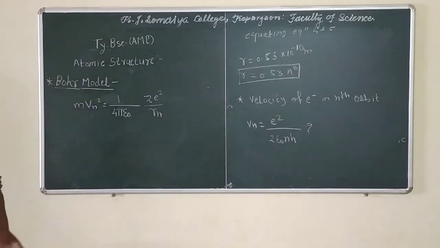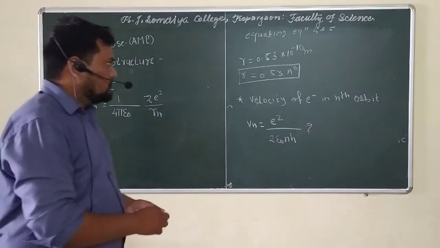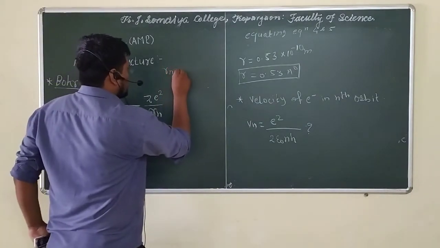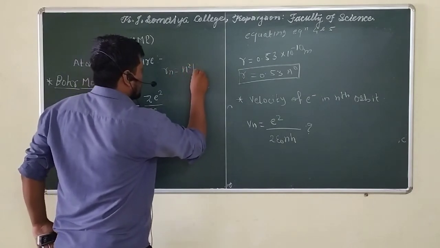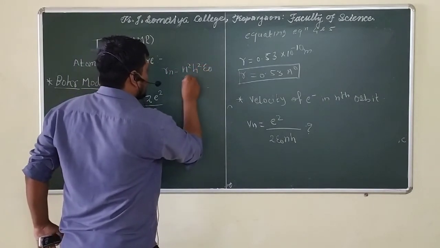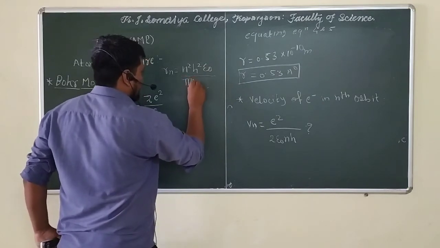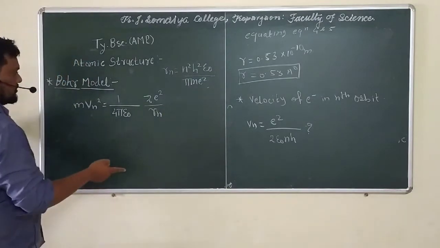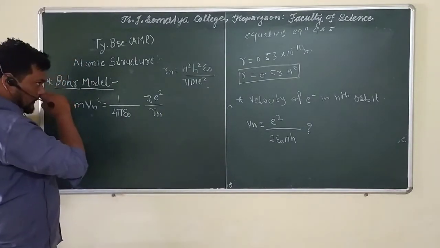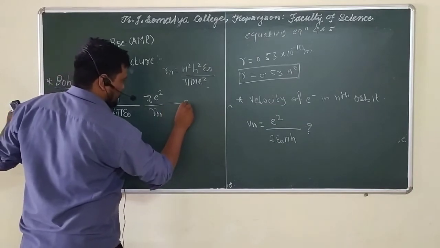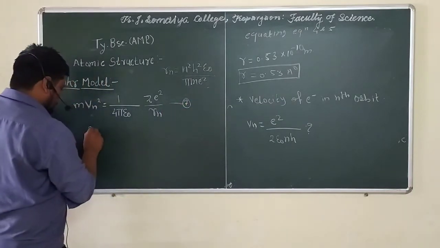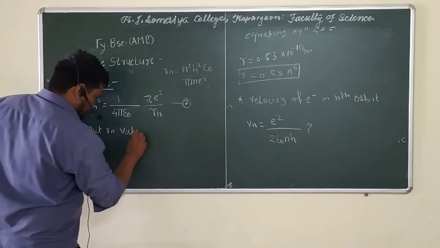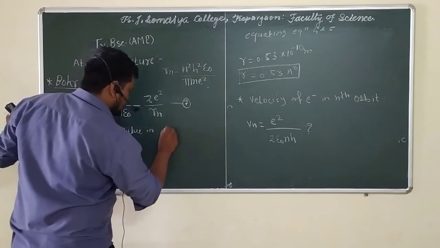And you know the formula of the Rn, that Rn is n square h square epsilon naught divided by pi m e square. So putting this Rn in this formula, this formula number is suppose 7, put Rn's value in the above equation.